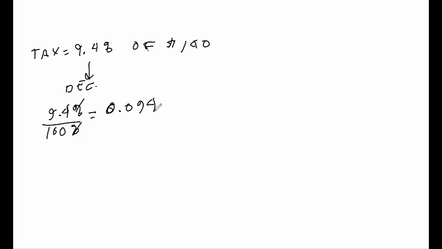Now, in order to figure out what the exact dollar amount of our tax is, we want to take this decimal and multiply it by the cost of our purchase. So we have 0.094, and our purchase was $140.